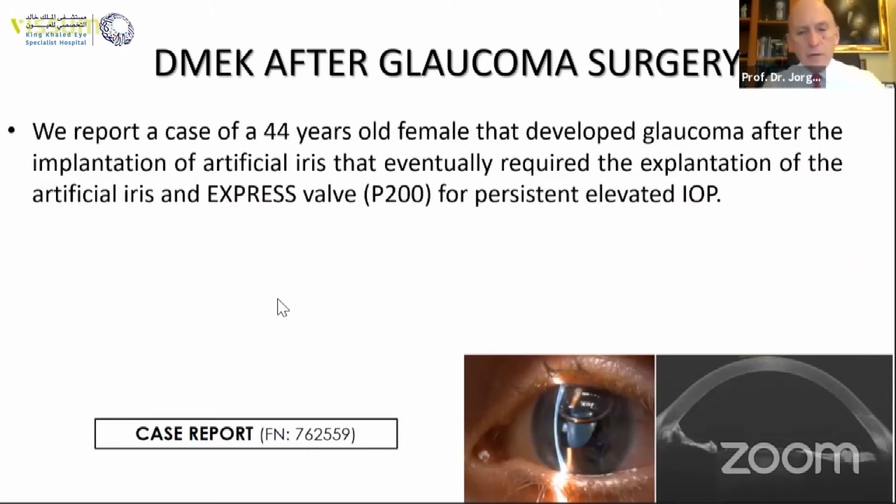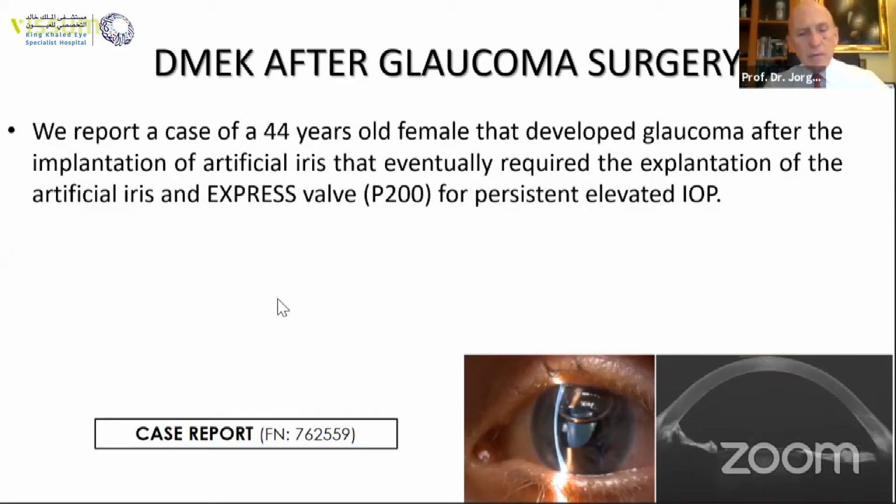This is a case that we have published in Cornea of a 44-year-old female that developed glaucoma following the implantation of an artificial iris. This awful surgery is still performed today in some places. And this eventually required, after 2 years, the implantation of an artificial iris, and later on the use of an Express valve P200 for persistent elevated intraocular pressure.